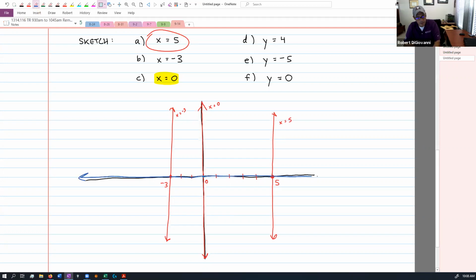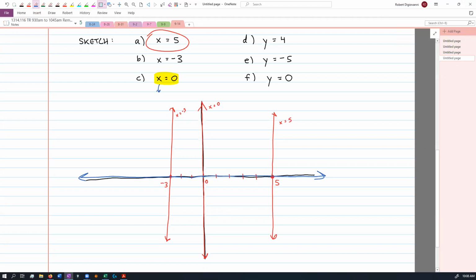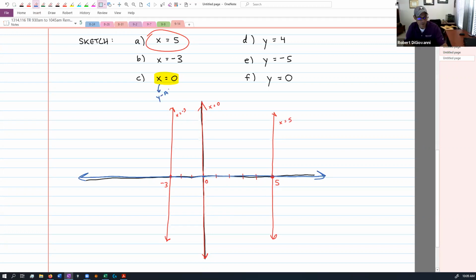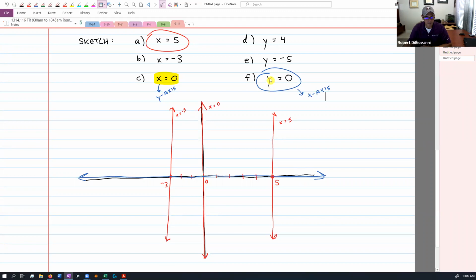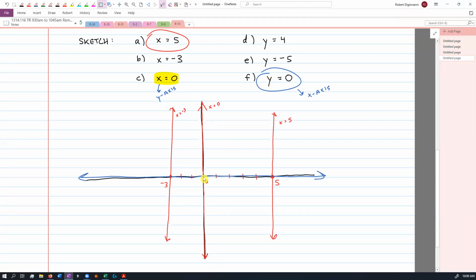So this right here is the y-axis, and this one right here turns out to be the x-axis. Y equals 0 is the x-axis. Make sense, Joshua? Yeah, that's what I meant, I think I just worded it wrong. Okay, you were saying same point, like right here. Yeah, they go through the same point.